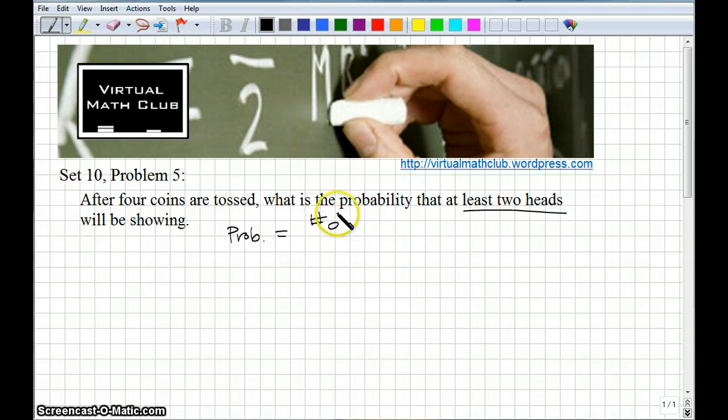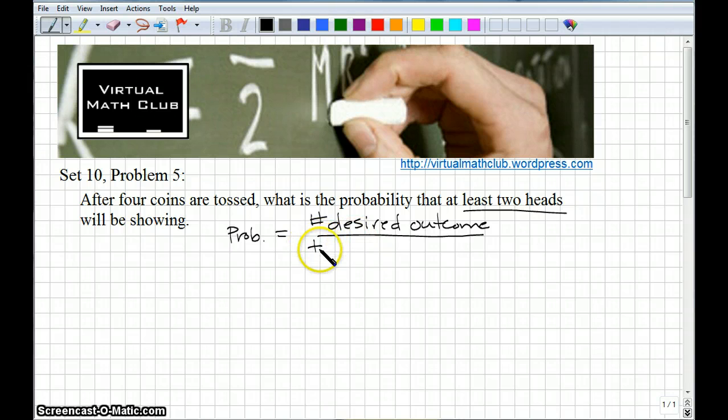In this case, the desired outcome is at least 2 heads, divided by the total number of possible outcomes.